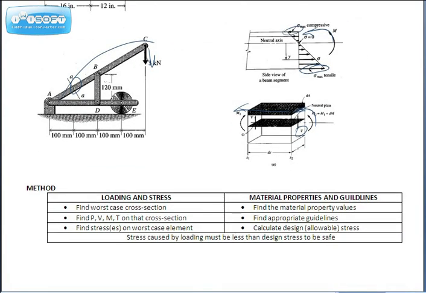The method that we will use throughout this course and throughout all of your mechanical design courses consists of two parts. The first part is to find the loading and the stress. In your structure, you need to find the worst case cross section.